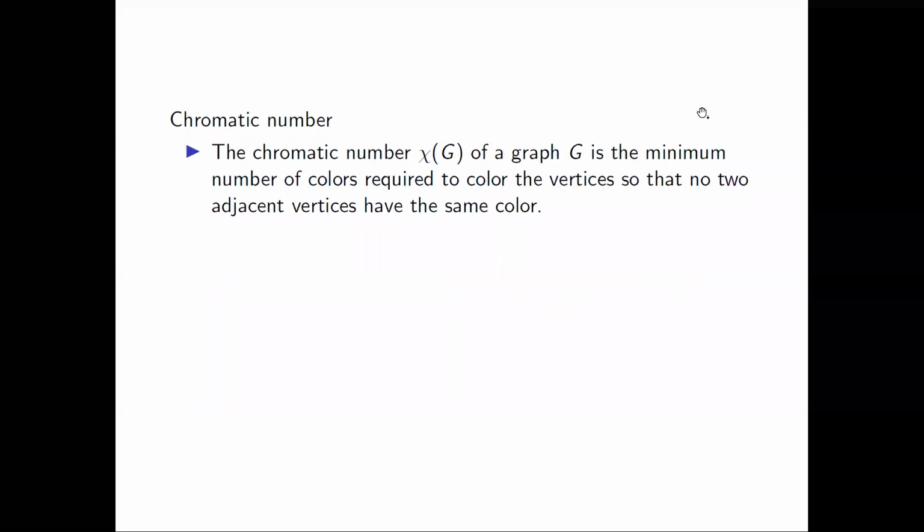So if you have a graph G, the chromatic number of G, which we write as chi(G), is just the minimum number of colors required to color the vertices of G so that no two adjacent vertices have the same color. So before we apply the chromatic number to bound some Turan numbers, let's look at the chromatic numbers of some special families of graphs, just to illustrate the definition.